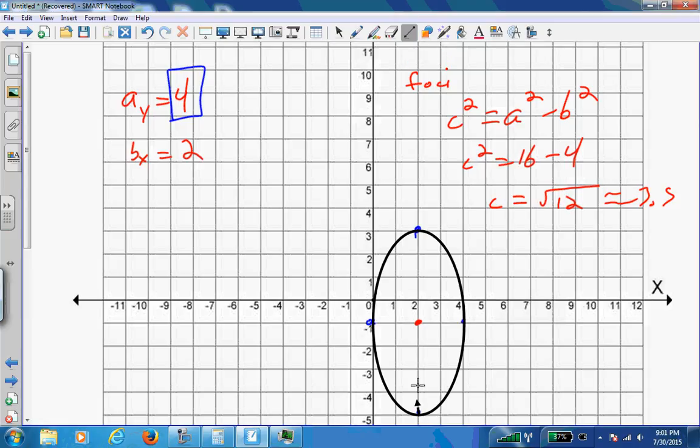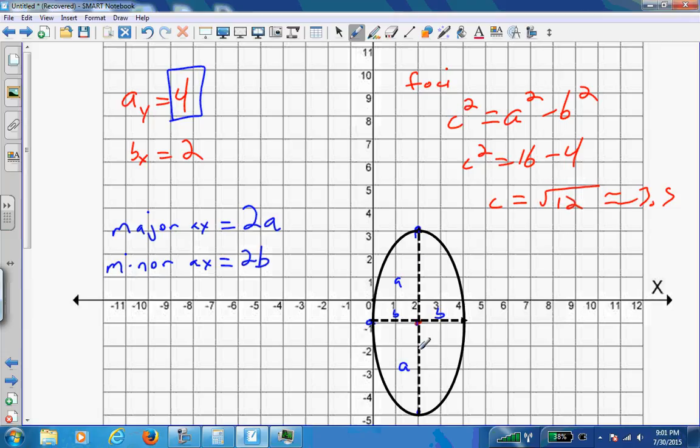So if we go from this point to that point, the longer distance, that's considered the major axis. Remember, from here to here, that distance was A, and from here to here, that distance was A. So the major axis is twice A. This other axis is known as the minor axis, and it's twice B, because we have B this way and B that way.